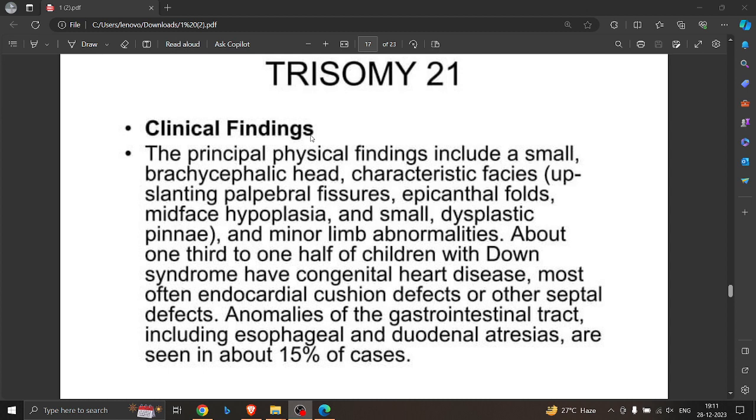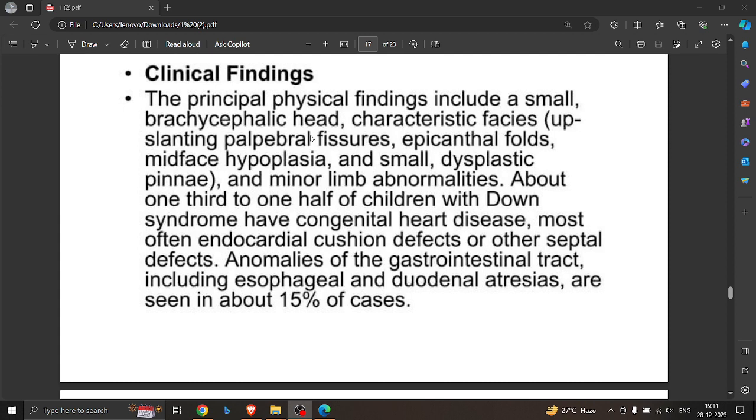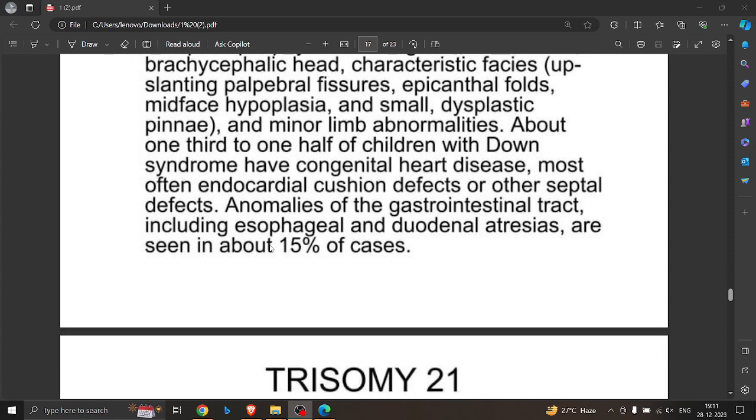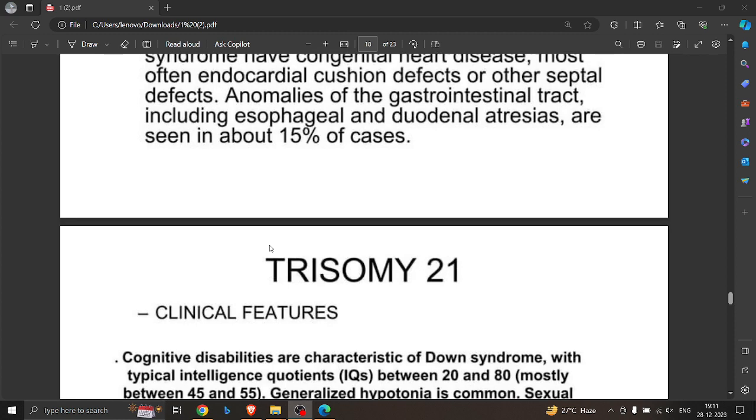That means abnormalities like gastrointestinal tract abnormalities, or abnormalities in the limbs, or cardiac endocardial cushion defects, or some kind of disorders can be seen in this.